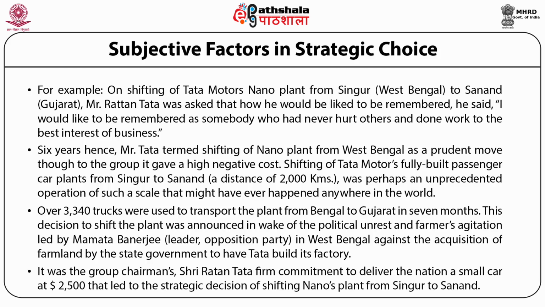It was the group chairman Shri Ratan Tata's firm commitment to deliver the nation a small car at $2,500 that led to the strategic decision of shifting Nano's plant from Singur to Sanand.